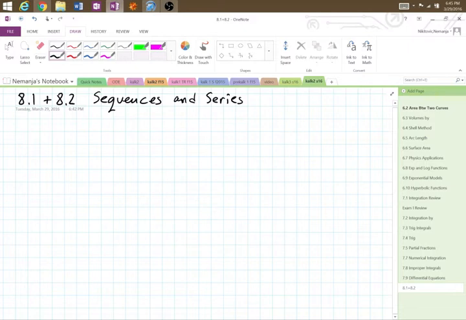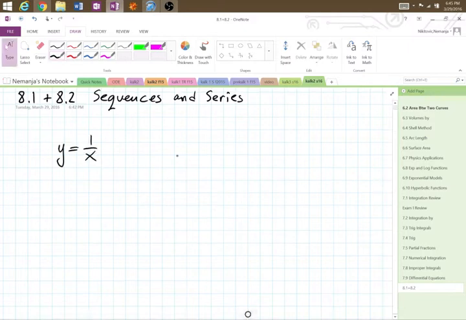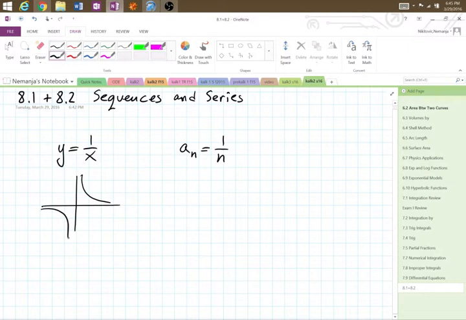So now I'm going to compare two things. I'm going to compare y equals 1 over x, and I'm going to compare a_n equals 1 over n. You are used to y equals 1 over x. You know how that looks. Looks like this. Where the other one is actually not going to have anything on the other side.